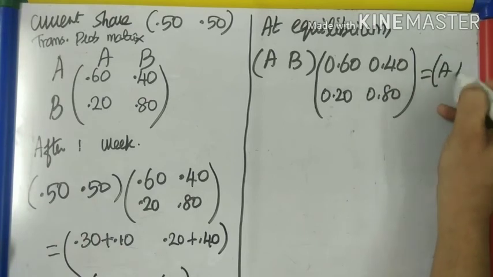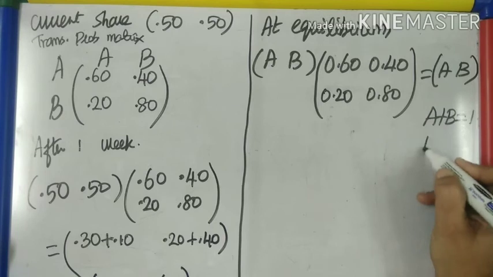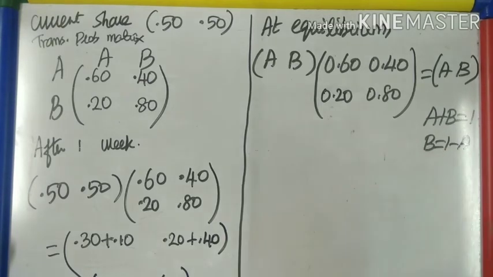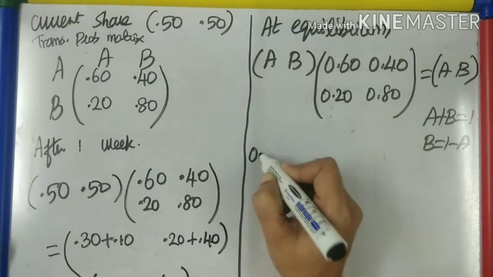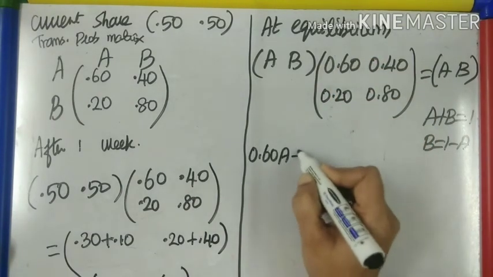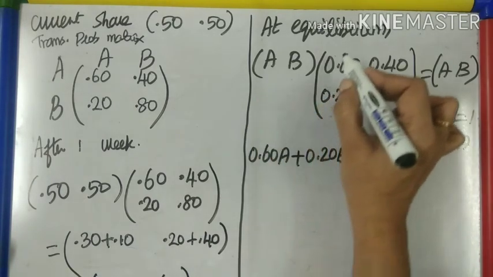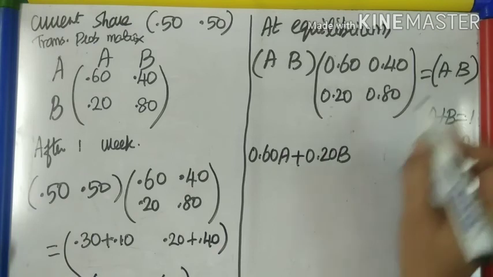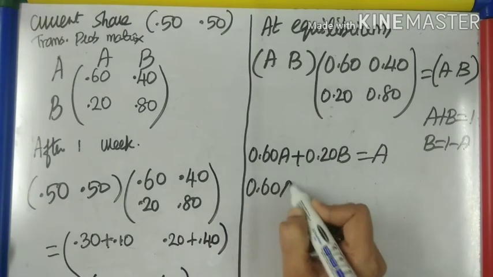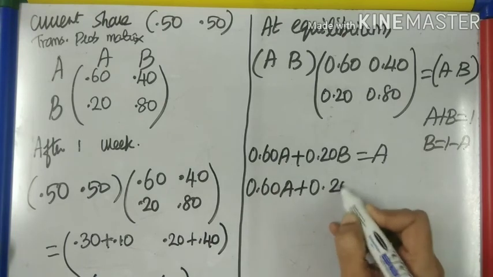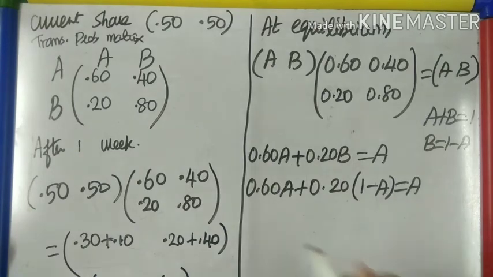And my answer is, what is that AB? With a condition that A plus B is 1, B equals 1 minus A. Let me multiply first row by first column. 0.60A plus 0.20B. First row by first column. Compare with the first element A. Wherever B comes, I can very well write 1 minus A. So B becomes 1 minus A equal to A.